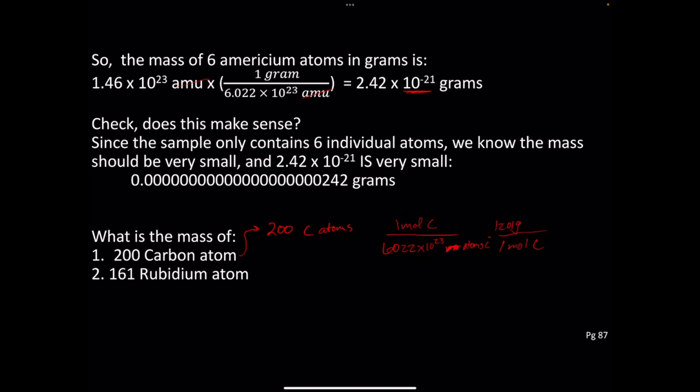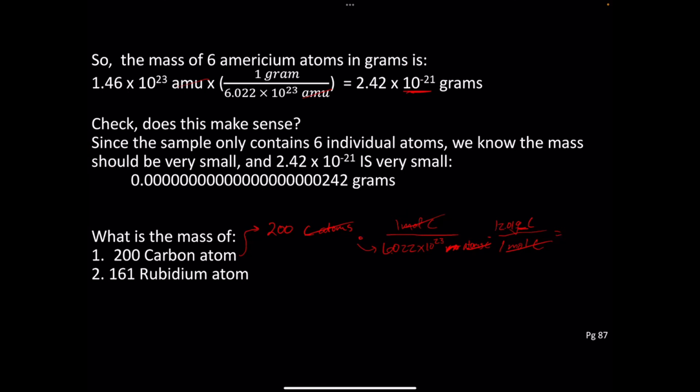So I go from atoms straight to moles instead, and that's the route I'm going to have you take so that you don't have to go to atomic mass units. We'll go from atoms to moles and then from moles to grams of carbon. Carbon atoms cancel, moles of carbon cancel, and I will be left with grams of carbon.